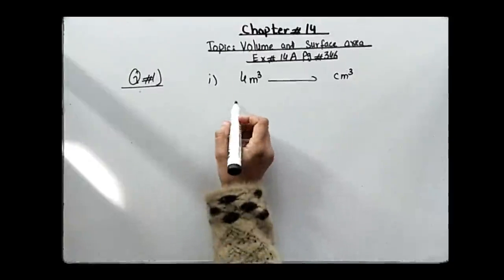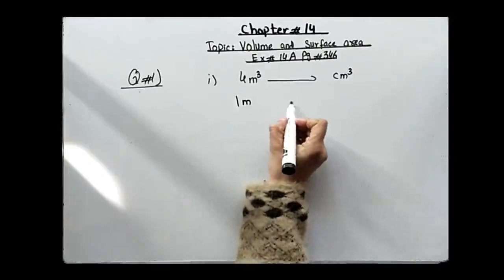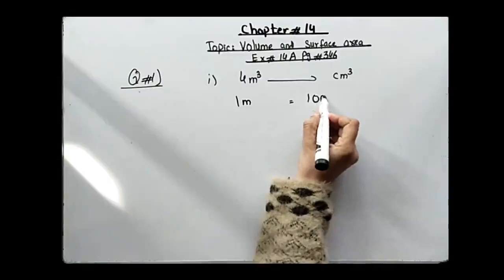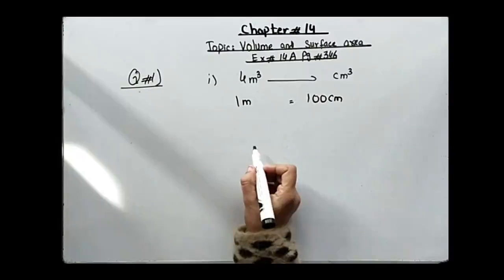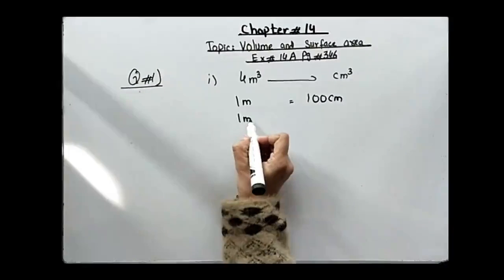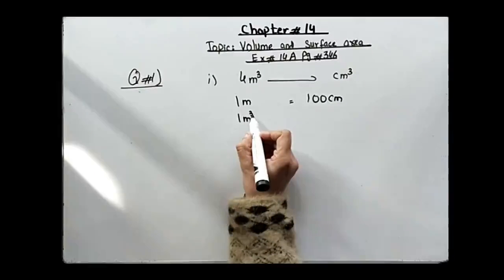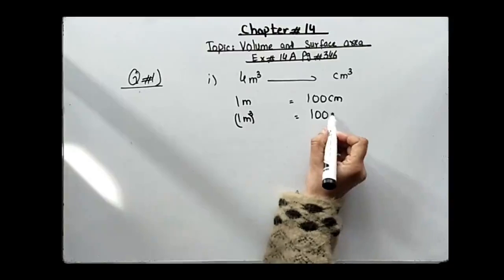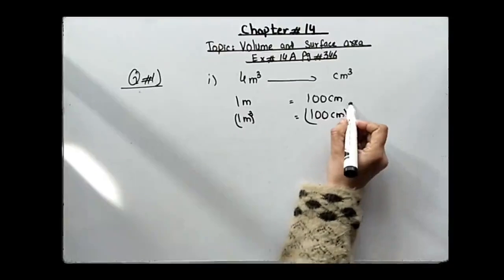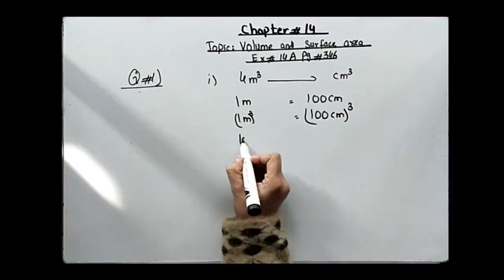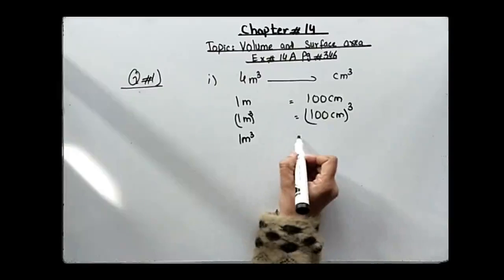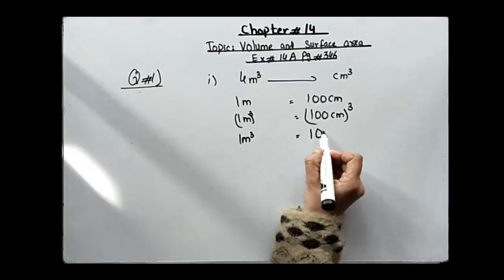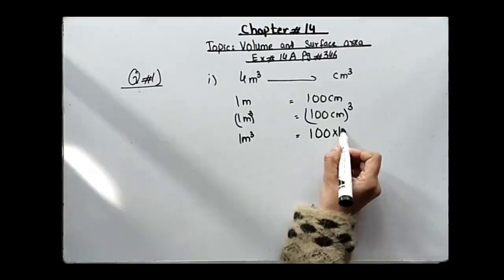Okay beta, as we know that 1 meter is equal to how many centimeters? 100 centimeters. Then what will 1 meter cube become? It means when we take the cube on both sides, 1 meter cube is equal to 100 multiplied how many times? 3 times.